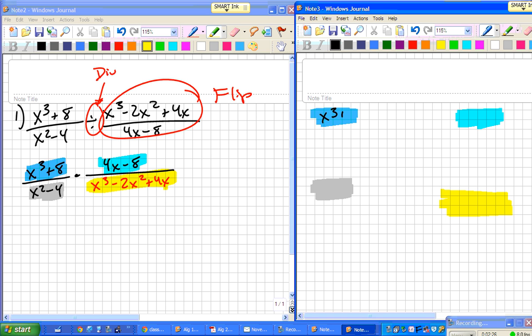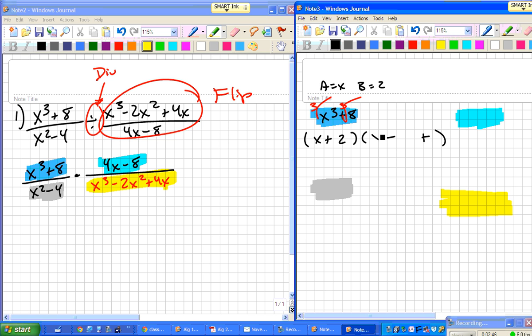Now the first one is x cubed plus 8. This is the sum of 2 cubes. So it's plus and then minus plus. Okay. A is x, b is 2.